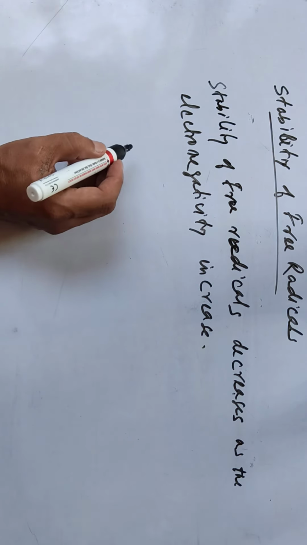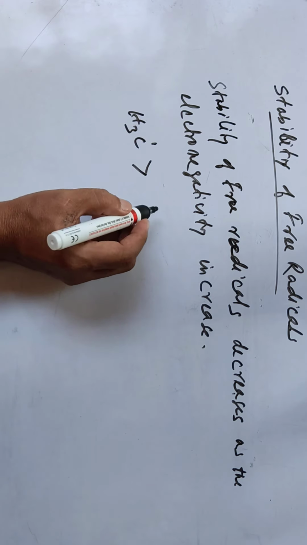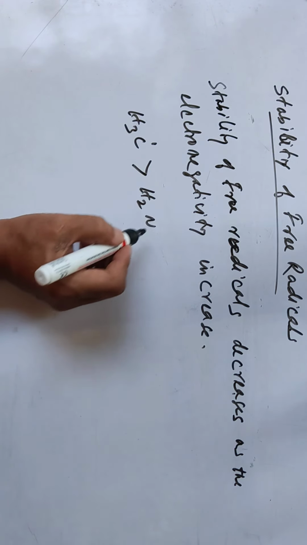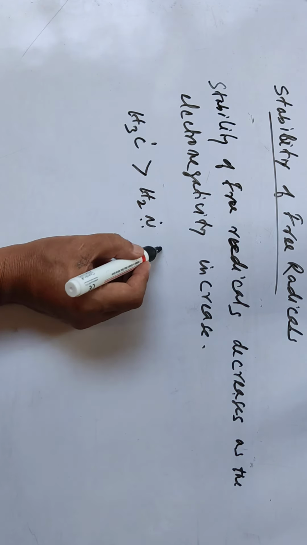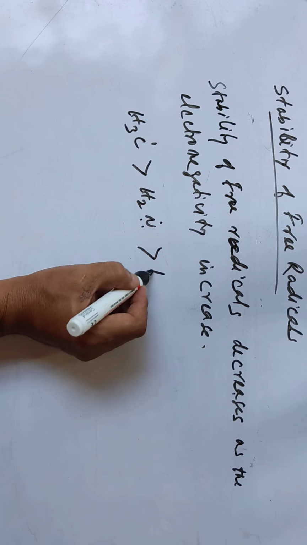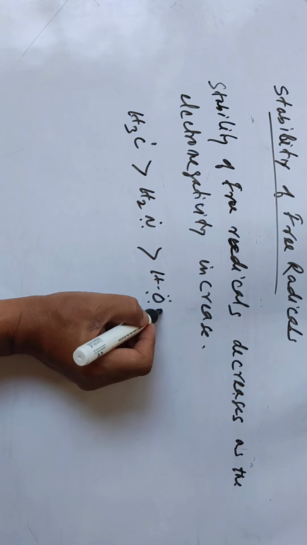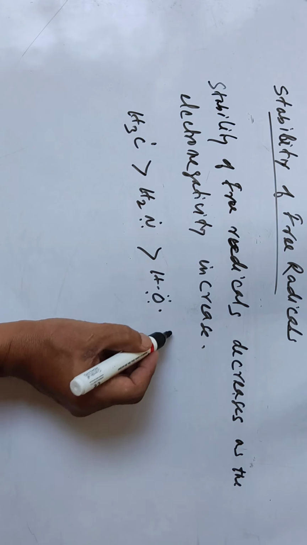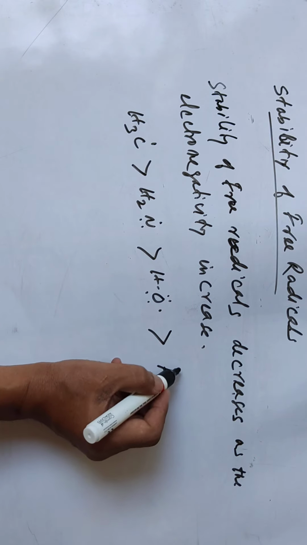So you can compare this one, H3C, methyl, then you can compare nitrogen, more electronegative, then the hydroxy group, O, again here, and then finally fluoride.